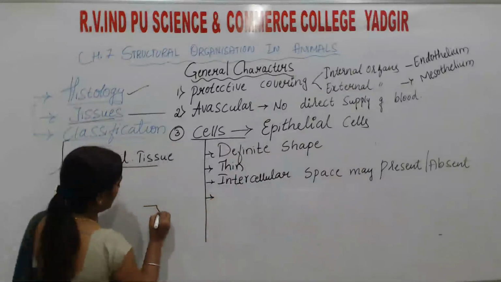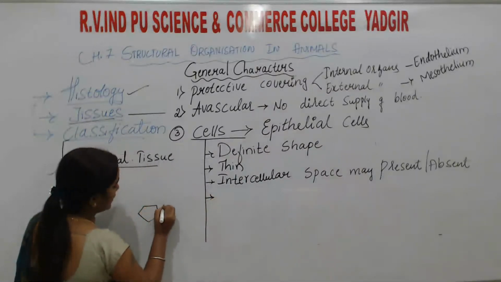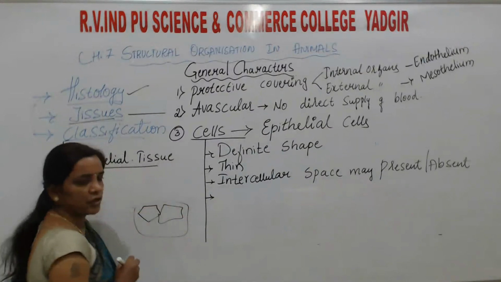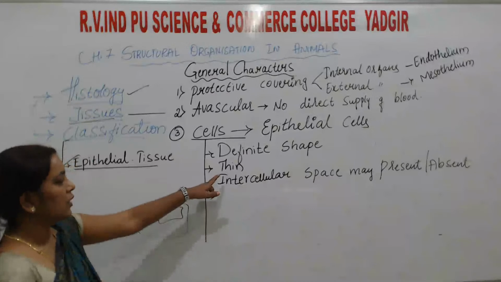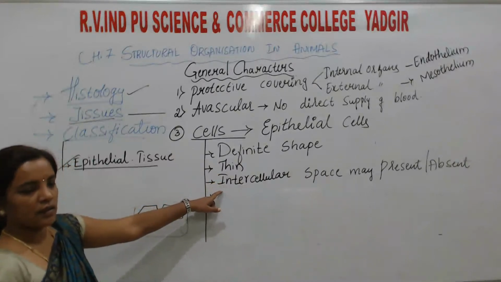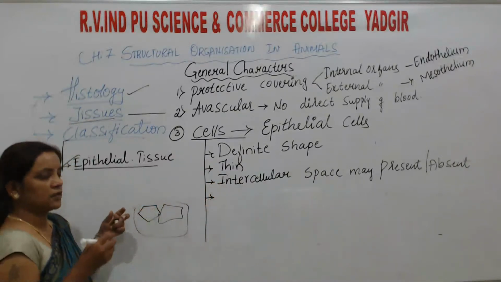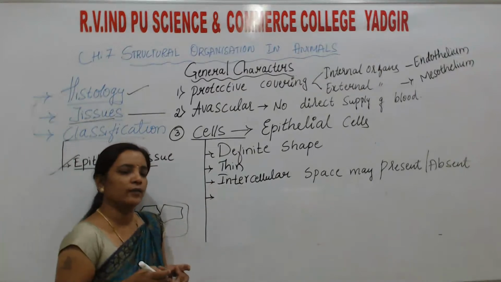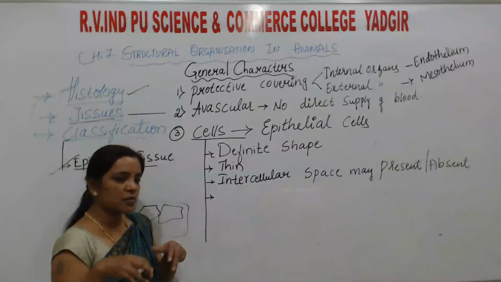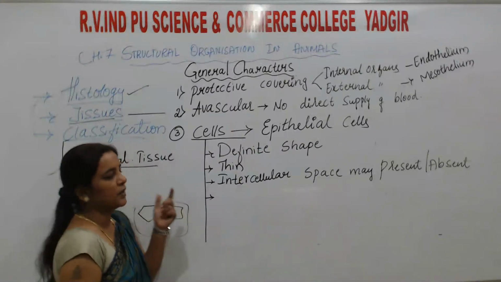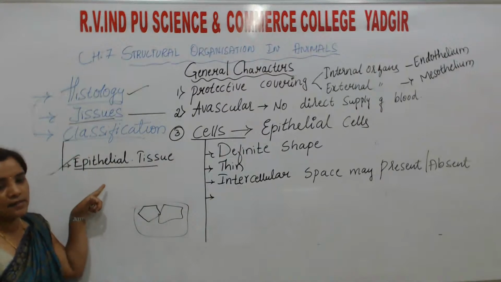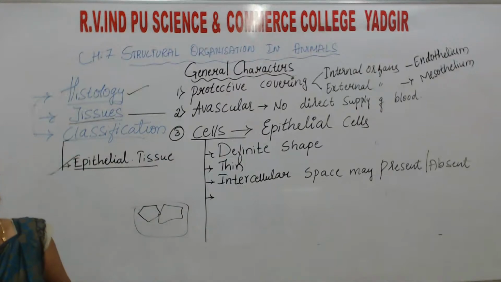If the cells are arranged, the space may or may not be present inside the tissues. Cells are attached one to one; they may show some space or may not. These are the general characters of epithelial cells.